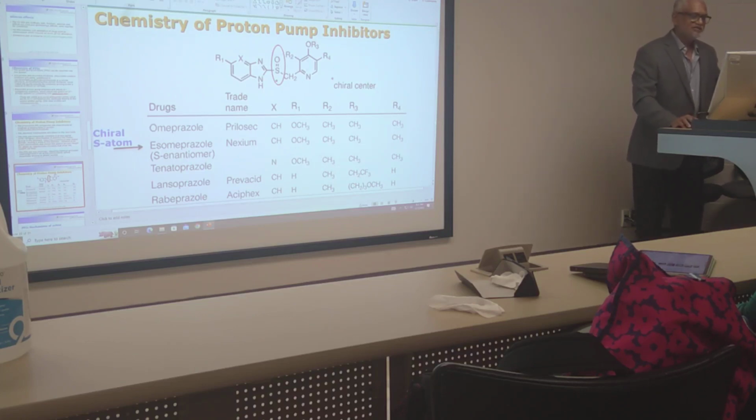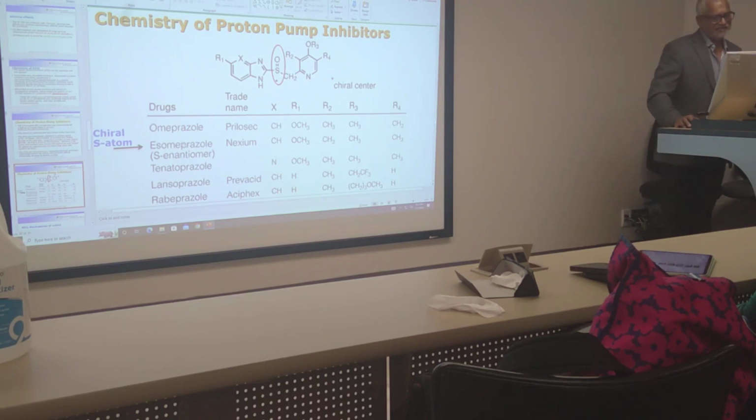One unique thing here is that these compounds have an S atom, which is chiral. Only one kind, the S minus, remember the plus and minus signs in the chiral compounds, is esomeprazole.